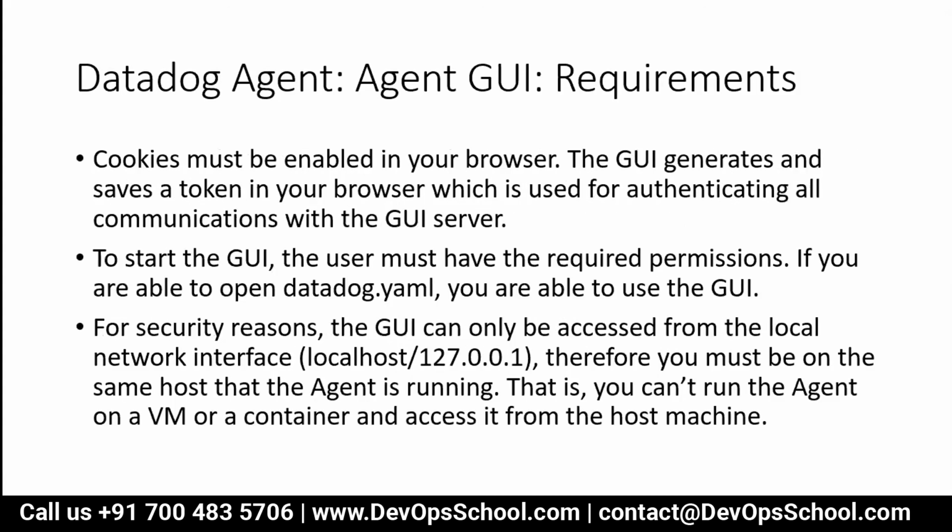In order to access the GUI, you need to be on that machine itself. If you think you will access it from the network, no, you need to be on that machine. You can enable the GUI or not, and specify that in datadog.yaml, which is a configuration file.